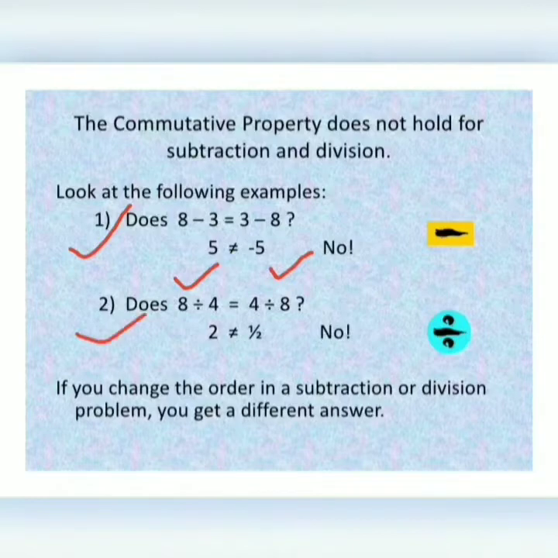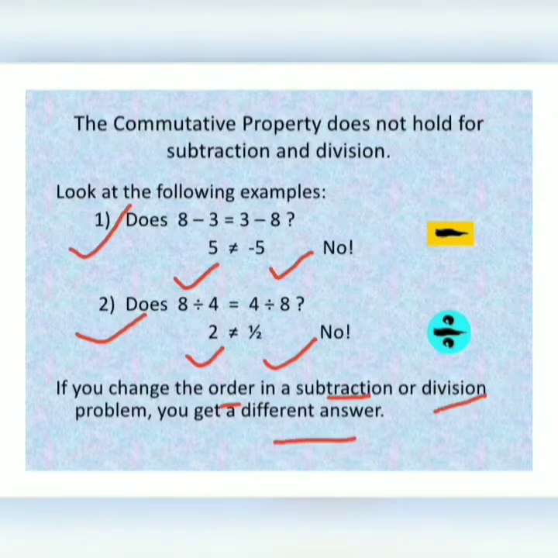Now let us see for division. If we divide 8 by 4, then the result is 2. And when we divide 4 by 8, then the result is 1 by 2. So what we are seeing is that the result in both cases is different. So commutative property does not hold for division also. It means if we change the order in case of subtraction and division, then we will have a different answer.